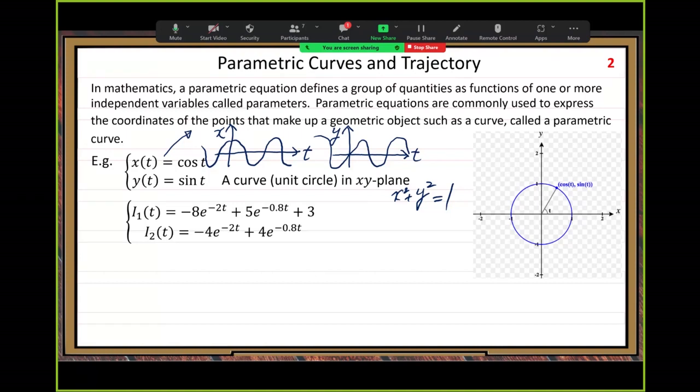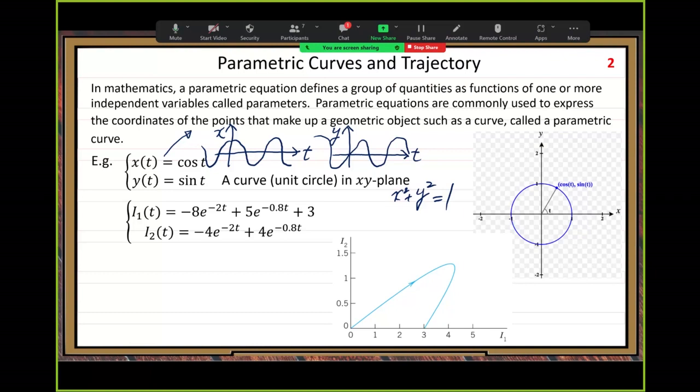All right. So let's draw the parametric curve here. This is the parametric curve. Here, t is hidden. From here you have the I1 axis and the I2 axis.